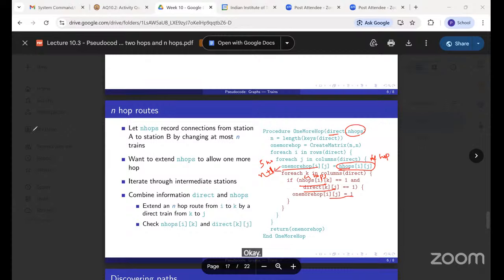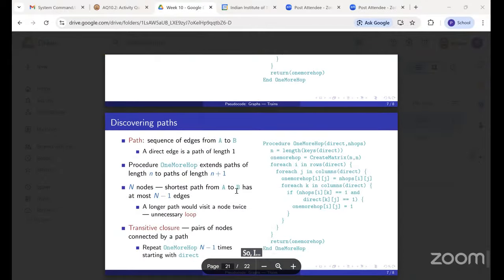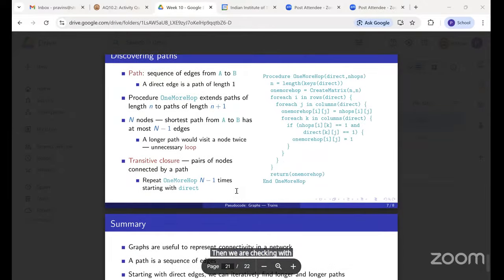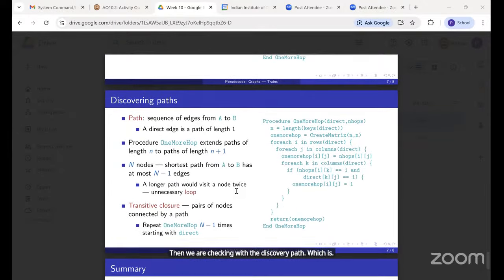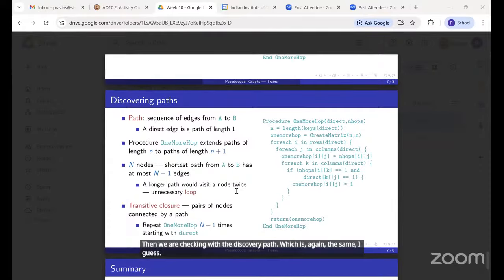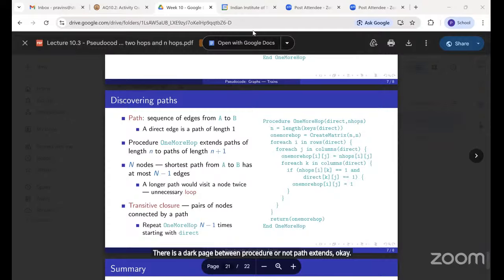Then we are checking with the discovery path, which is again the same, I guess. Whether there is a direct edge between the stations or not, path extends, okay. And the one-hop and direct, again we are extending direct matrices, and okay, this is same.